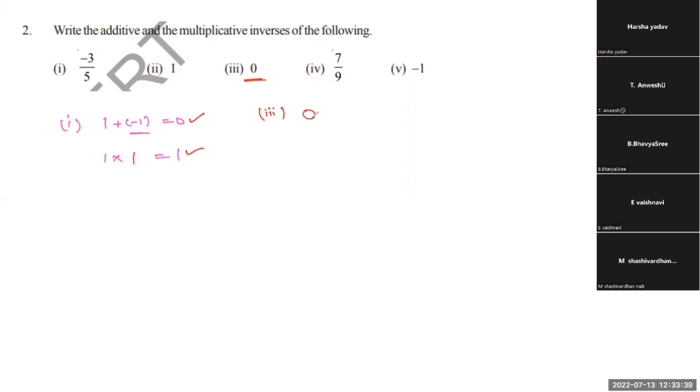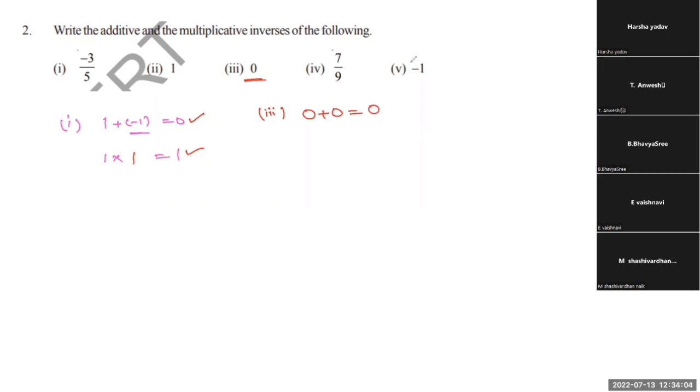But this whole number result is obtained by adding another whole number, 0 only. 0 is also called a rational number and can be represented in the form of a rational number. But it is only possible when you add it to another nothing value. So 0's additive inverse is 0 itself.